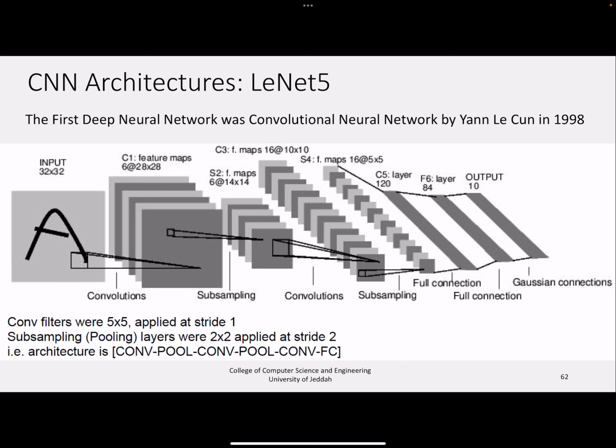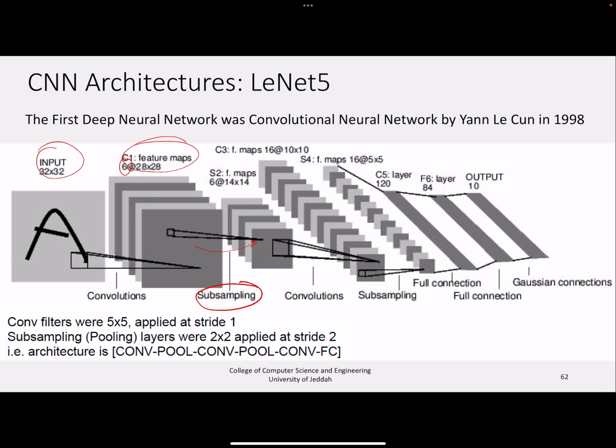And in graphical form, this kind of looks like this. You have an input image, apply multiple filters, in this case 6 filters to it, then subsample, basically pooling, to reduce the size of what you have.